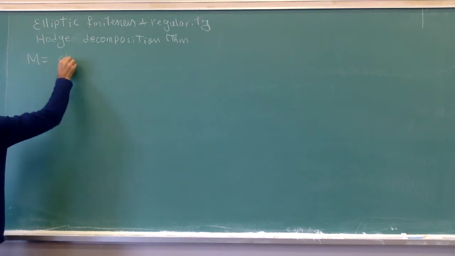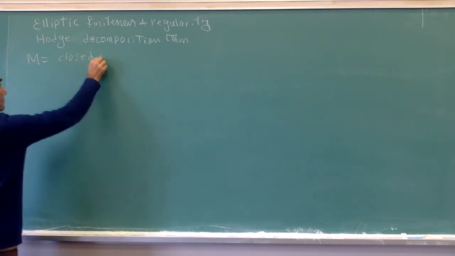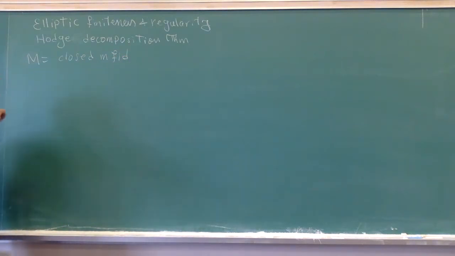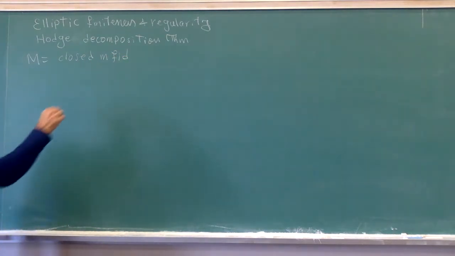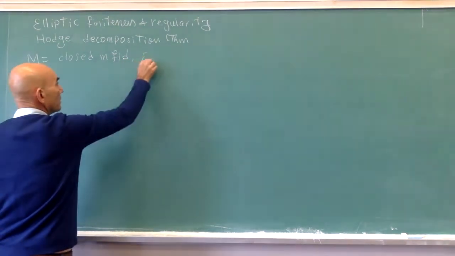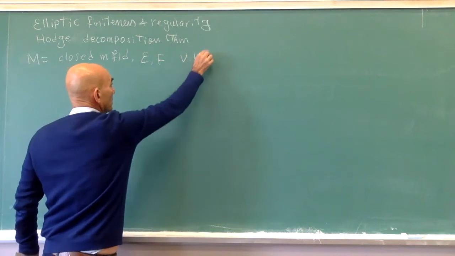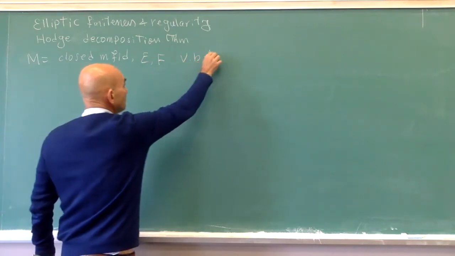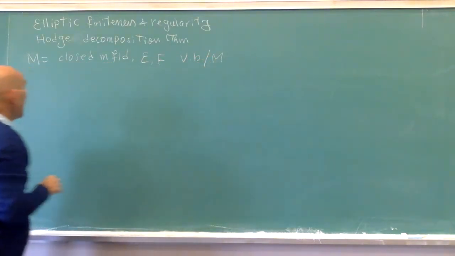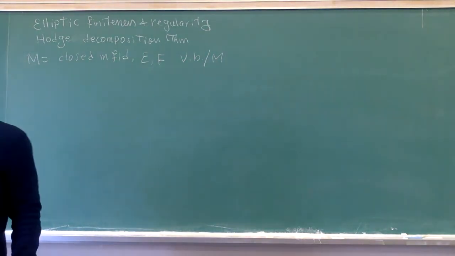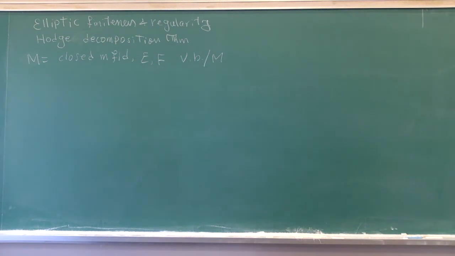So M is a closed manifold, and E and F are vector bundles over M. The first thing is to understand what pseudodifferential operators mean in this context.